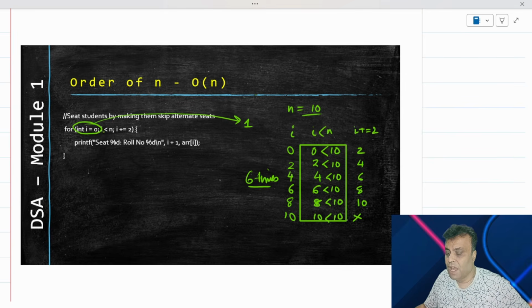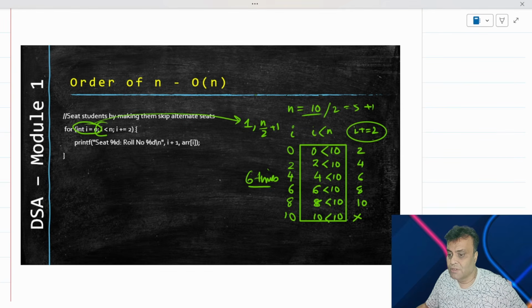So this i less than n is getting checked 6 times. What is that? That again is n by 2 plus 1. Right? 6 times is n by 2, which is 10 by 2, equal to 5, plus 1. And how many times is this i plus equal to 2 executing?